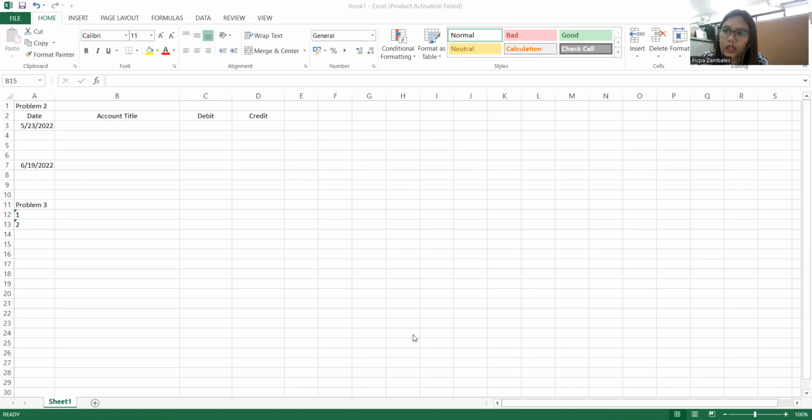It's also possible that if there is indebtedness or a debt owed by the corporation, we can exchange it for shares of stocks.